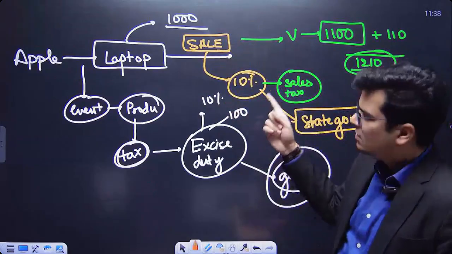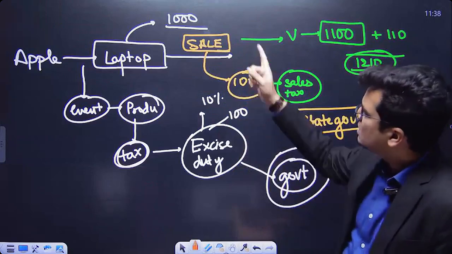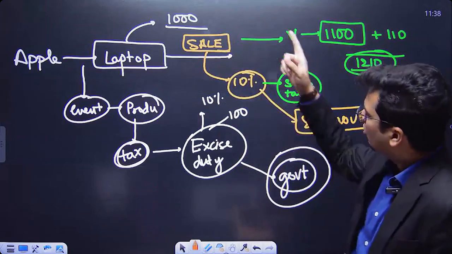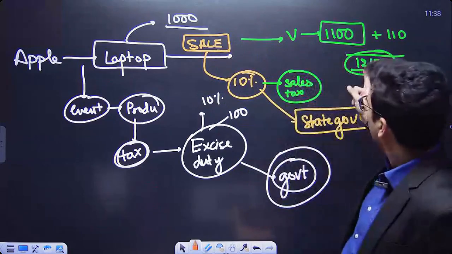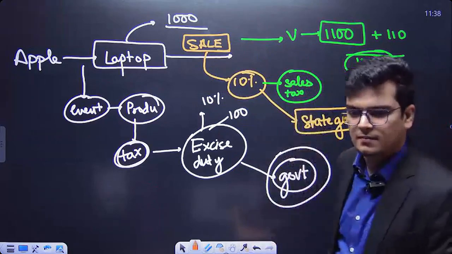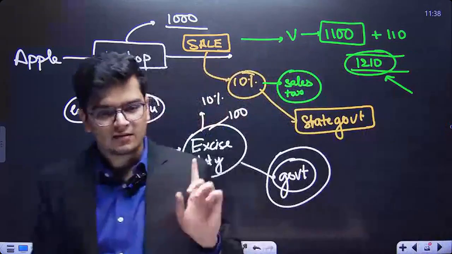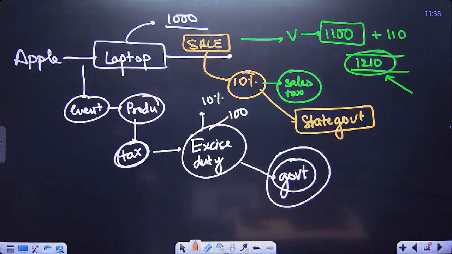On this sale, a certain tax has to be deposited to the state government. That is 10% of sale value. So 10% of 1100, which is 110. So you will ultimately pay 1210 rupees. One problem has been created here. You have 1 minute. Identify what problem there is. There is some problem in this calculation. Tell me what is the problem here.